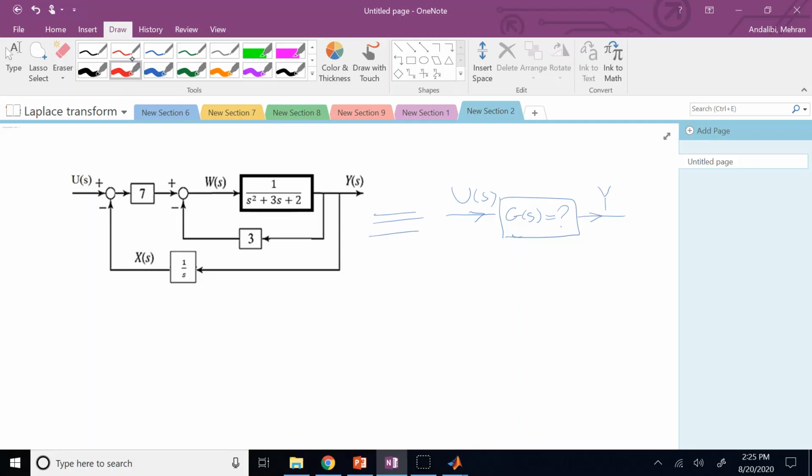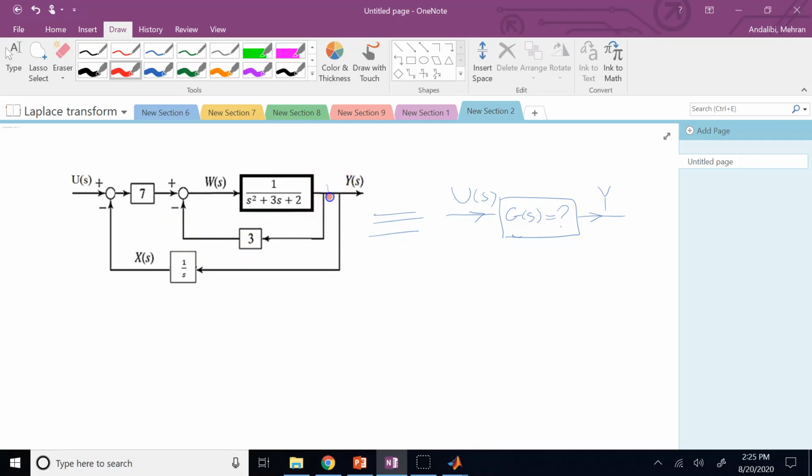So we'll try to use those rules: parallel blocks, series blocks, feedback loops, swapping the summation point locations, the branch or feedback points, and then swapping the summations together. If you look here, you always start from the inner part of the whole thing and go toward the outside.